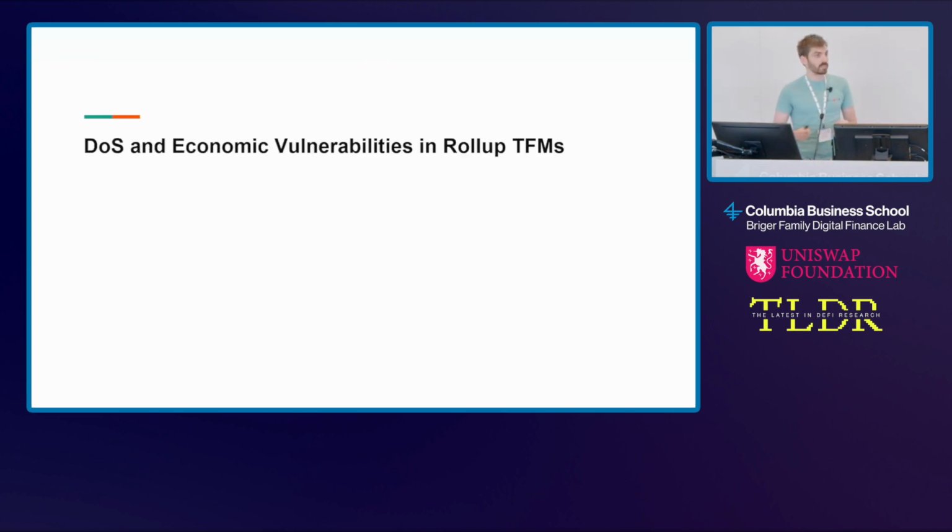So it would be really bad if we had a denial of service attack vector and also an economic vulnerability in those rollups. So in this work, I am going to present an attack where, with just 1,000 USD, an attacker can completely perform a DoS for 1 hour on a ZK rollup.